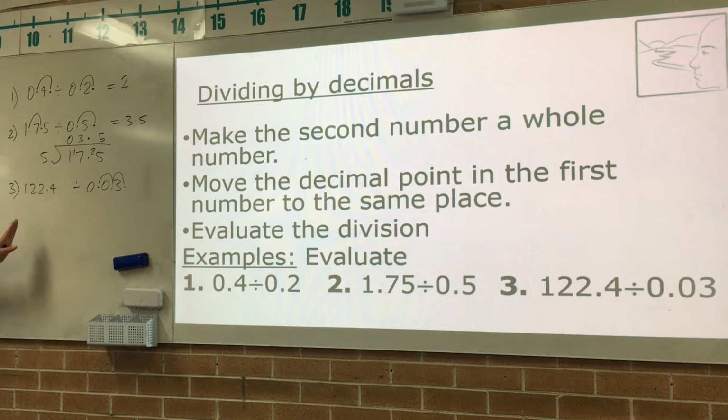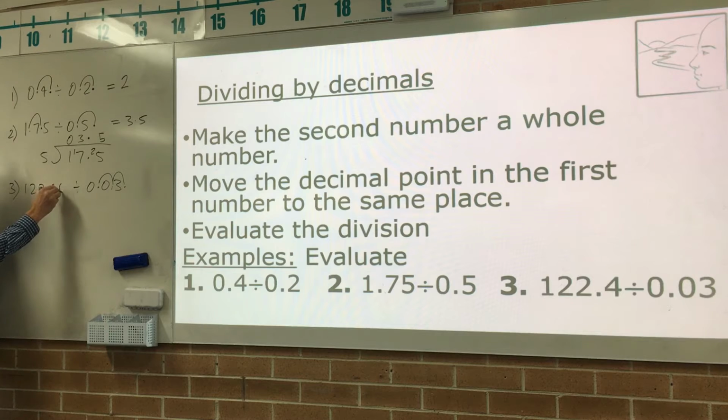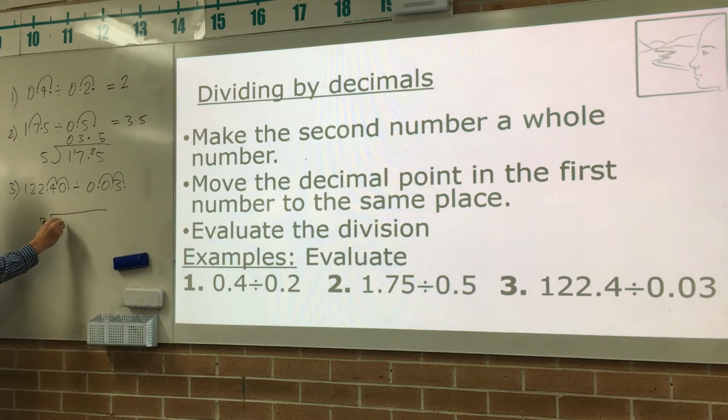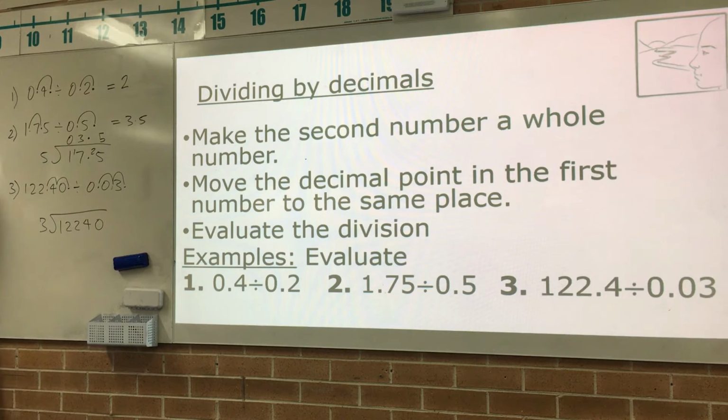My second step, I need to do the same with the first number, but I'm going to have a problem, so I'm going to add a 0 to make it make sense. So I've moved that 2 places as well. Now I'm dividing by a whole number, which is just 3. So I do 3 into 12240. I've had to add a 0 to make this work. 3 doesn't go into 1, so that's a 0.